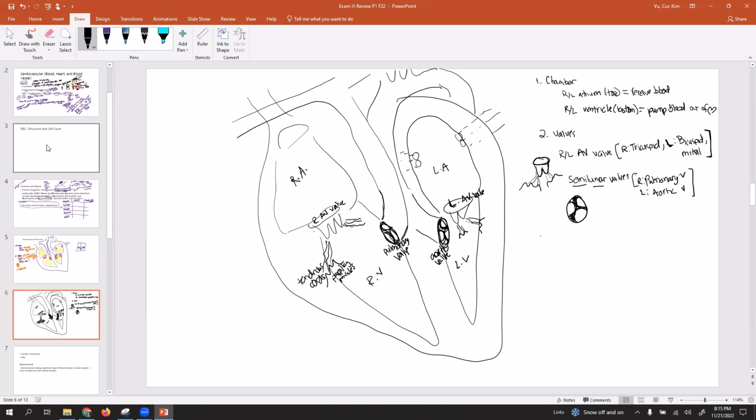The more difficult ones are the blood vessels. Before we start on the blood vessels, we need to know the difference between arteries, veins, and capillaries. So just remind me, what are arteries? Take blood away. Yes, it's always going to move blood away from the heart.